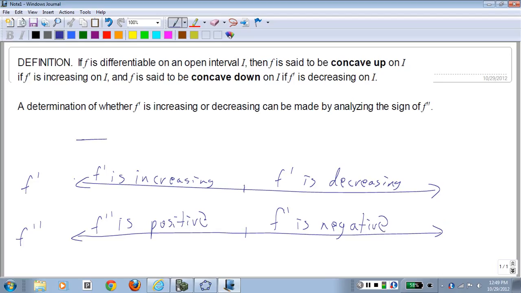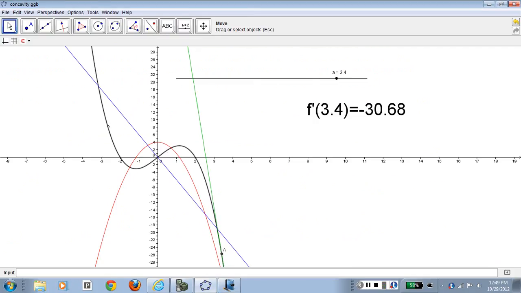Now I want to say something about the original function, f. The original function f is the black graph. And what I want to say about the black graph is its curvature. Curved upward, concave up. Curved downward, concave down.